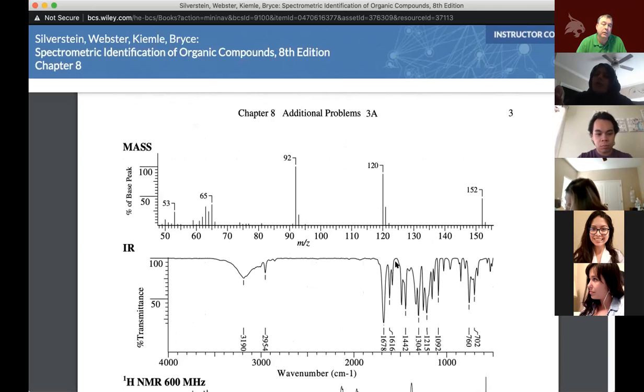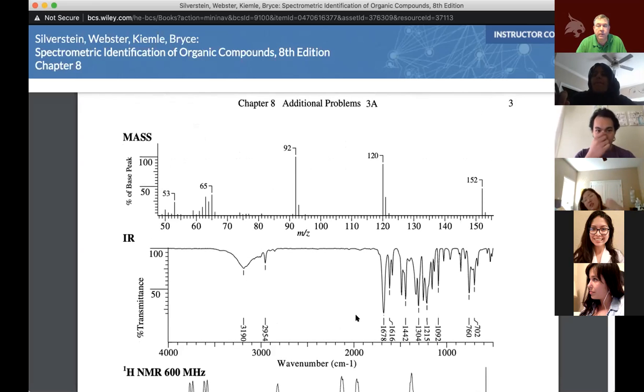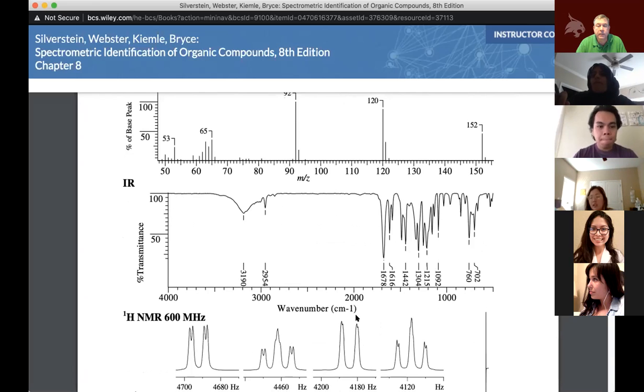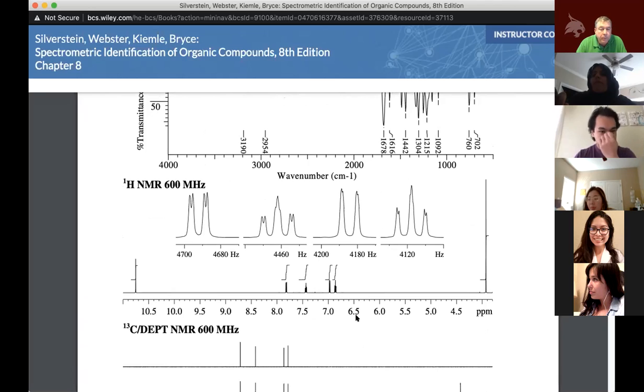Double bond with double bond, like an aromatic ring. If it's directly connected to an aromatic ring, the carbonyl stretch goes down, especially esters and carboxylic acid salts. Those are the ones that shift further down. So that is probably pretty good.